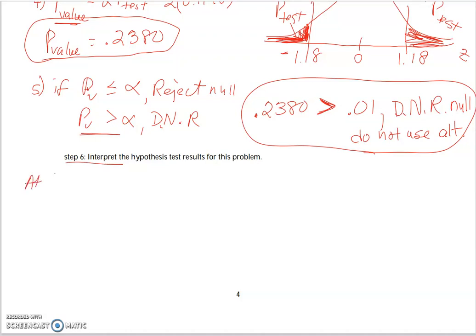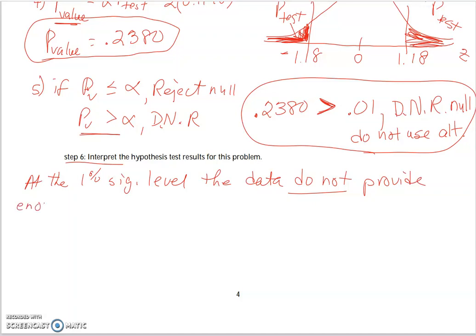So we will say at the 1% significance level, the data does not provide enough evidence to reject the null, or the null hypothesis.